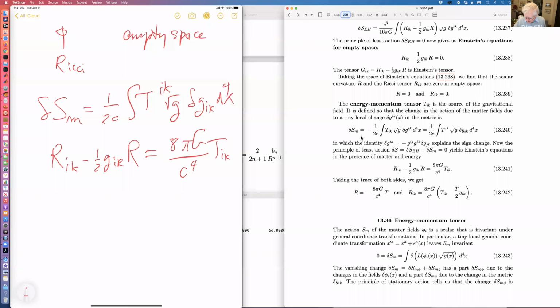So the standard model goes in there. And this side of the equation is geometry. And this side of the equation is matter, basically. Matter, energy, etc.